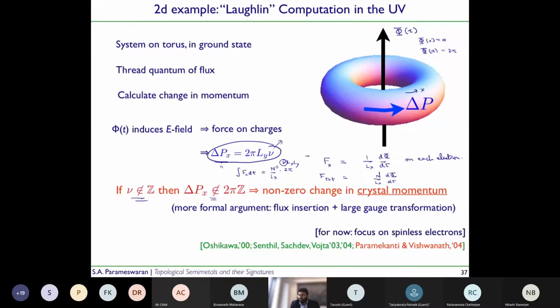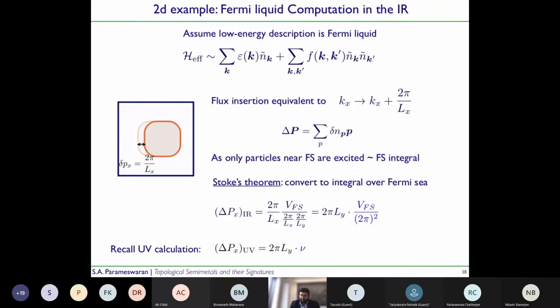You can do this much more formally, but basically this picture tells you that if I have a system where the filling is not an integer, then in principle I can construct an experiment in which threading 2 pi flux changes the ground state of the system. Now, if I have a system where the low energy description of the ground state is a Fermi liquid, we know that it just says that there are some interactions between the electrons, but I can label things in terms of momenta.